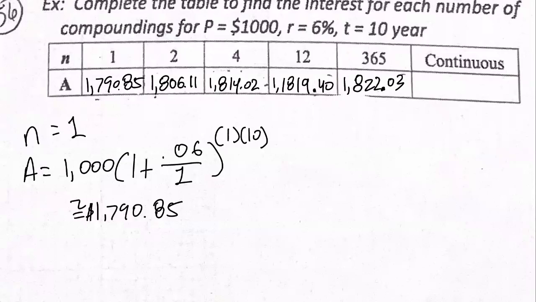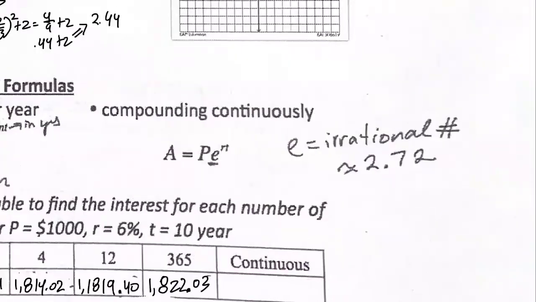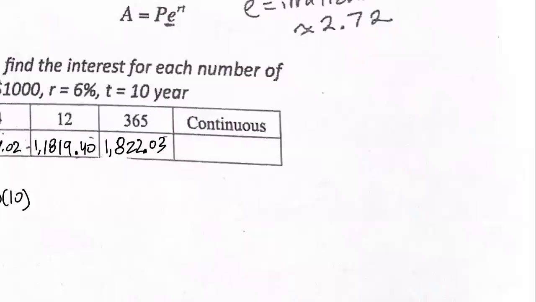And then for continuously, you have the formula here. The only thing you need is the initial amount, the rate, and then how many years. You could also use 2.72 for e. It's an irrational number, but if you want to give it a value, it's roughly 2.72.